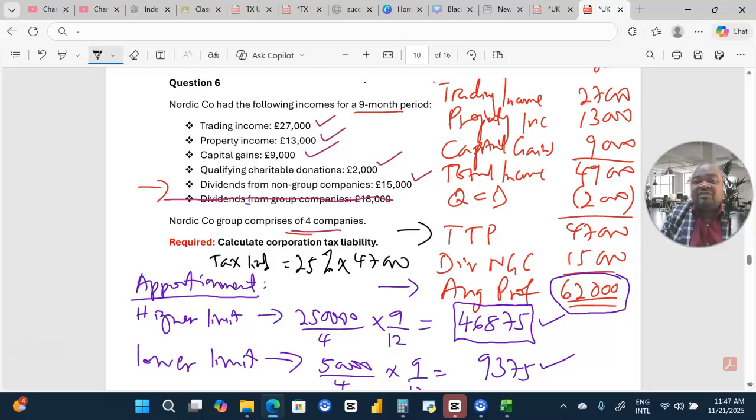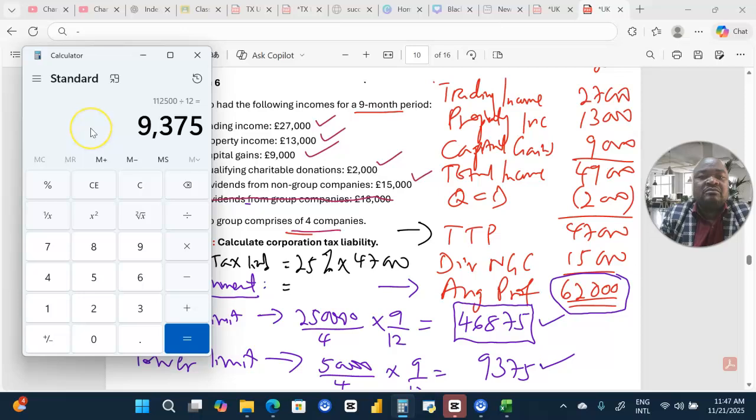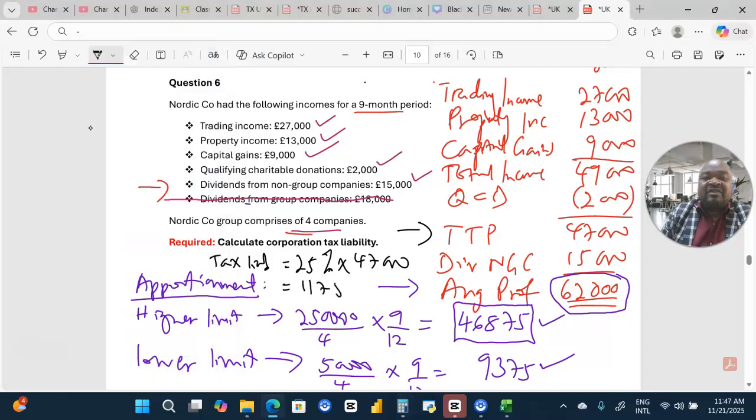We are going to use the 25% flat rate, all right, and we get our solution: 47,000 multiplied by 25%, thus 11,750.